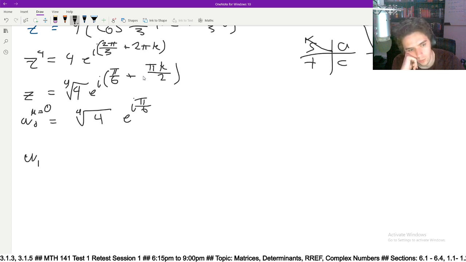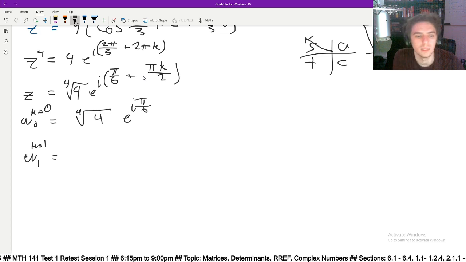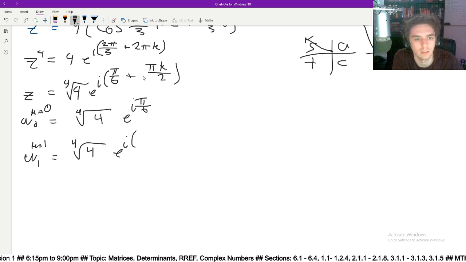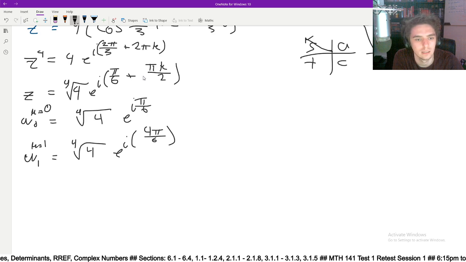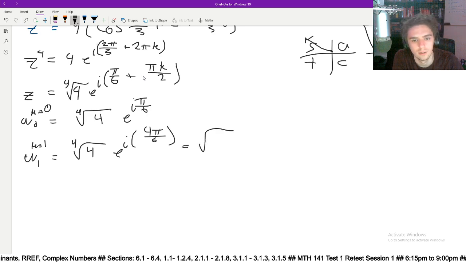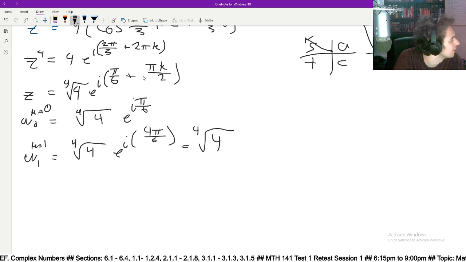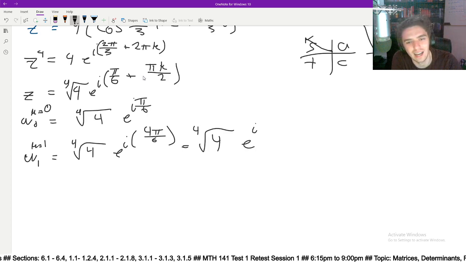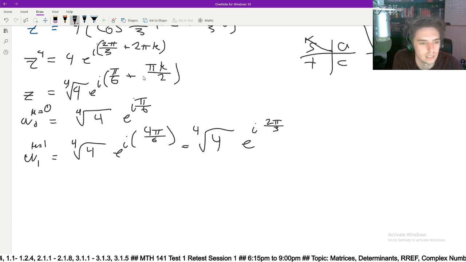Omega 1, when k equals 1, is going to be the fourth root of 4 e to the i, pi over 6 plus pi over 2, in other words 1 pi over 6 plus 3 pi over 6, so it's going to be 4 pi over 6. The fourth root of 4, e to the i 2 pi over 3. Good, so that's our second solution.